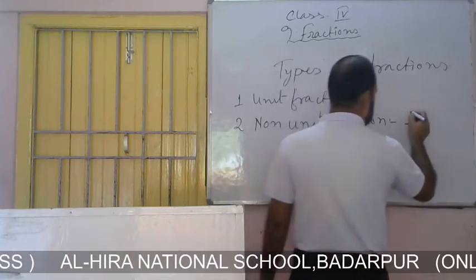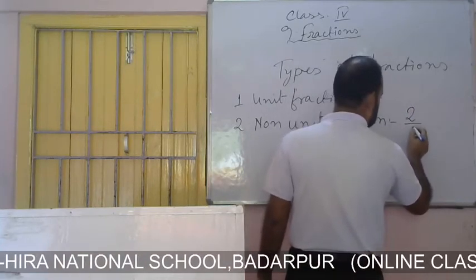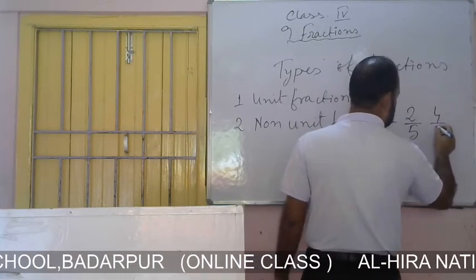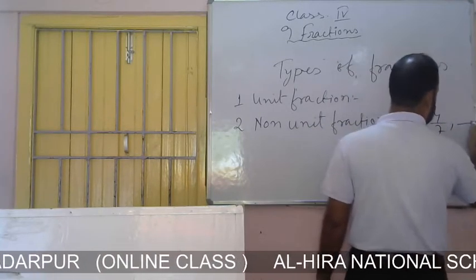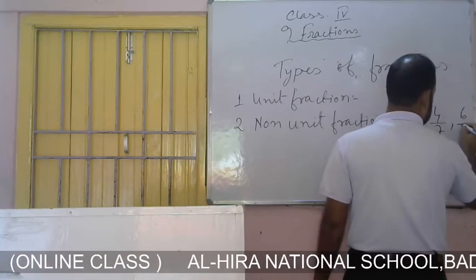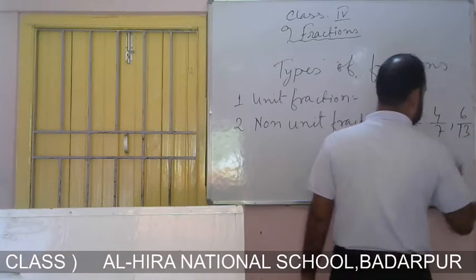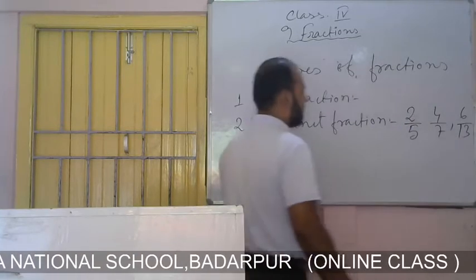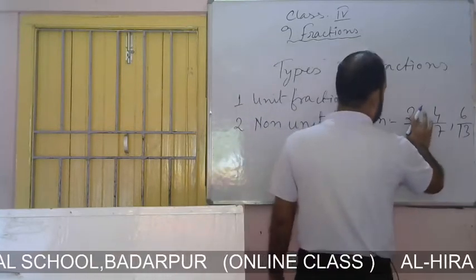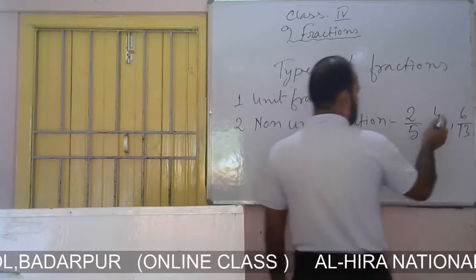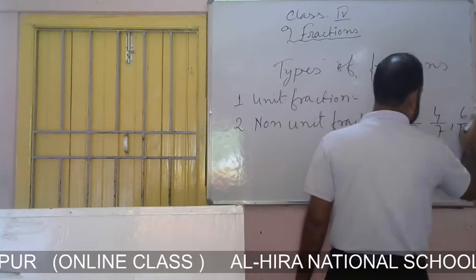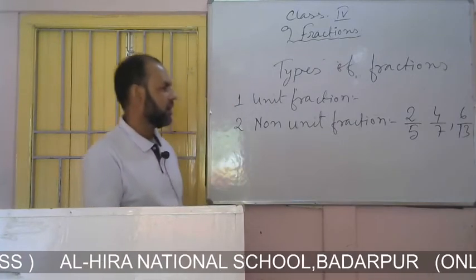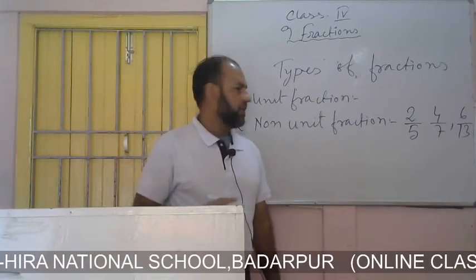For example, 2 by 5, 4 by 7, 6 by 13. Here the numerator 2 is greater than 1, 4 is greater than 1, and 6 is also greater than 1. So, these fractions are non-unit fractions.